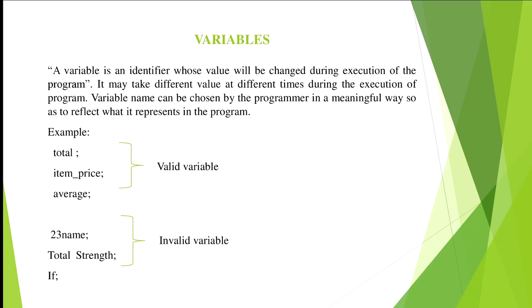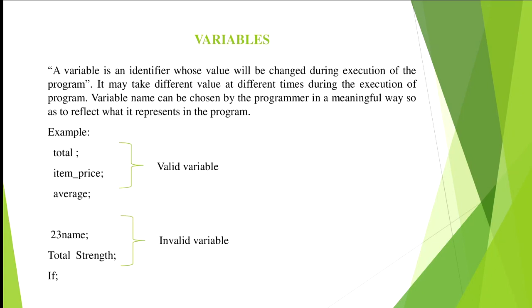Means it takes different values at different times throughout the execution of the program. Remember, you should always choose a meaningful name for the variable so that it reflects the meaning.